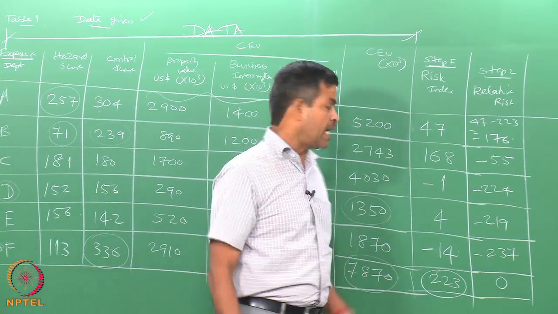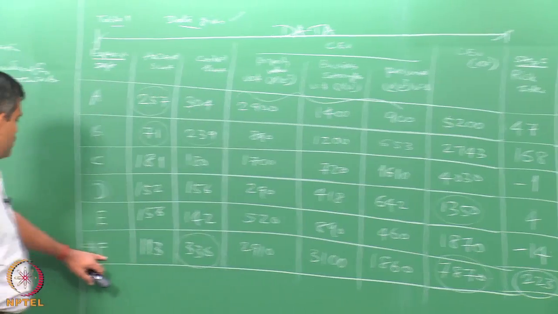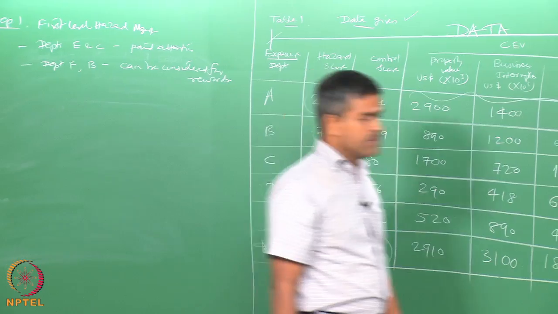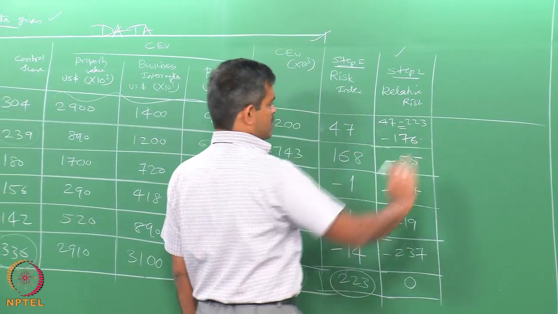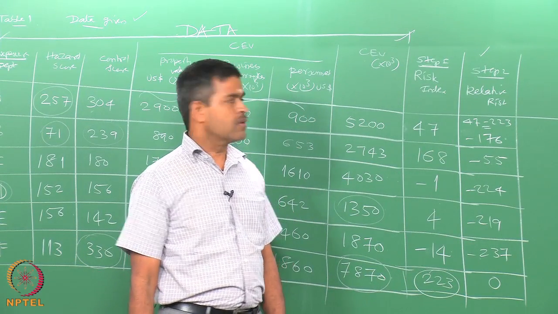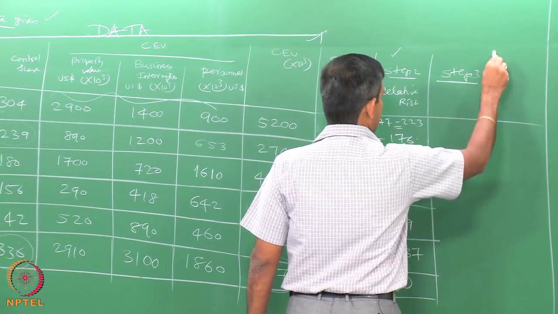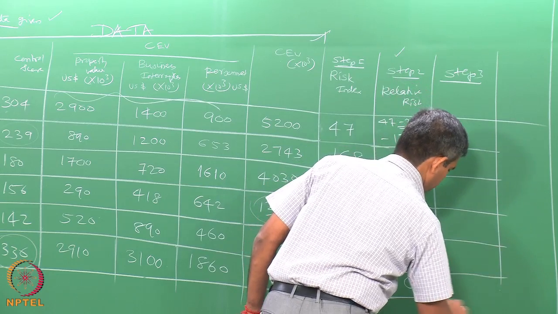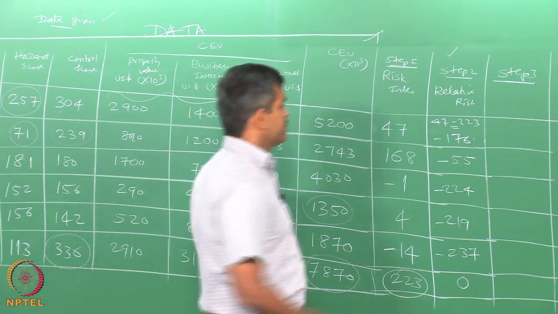They are further worse, because they are already worse and they become still worse compared to department F. So, relative risk can be easily computed, and the check here is that all will be indicated negative. Okay. In step number 3, what we are expected to do is a percentage risk index.